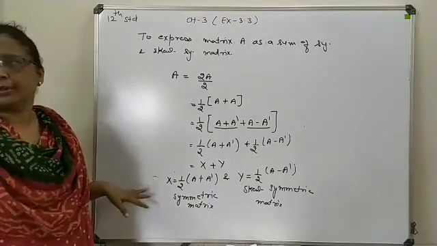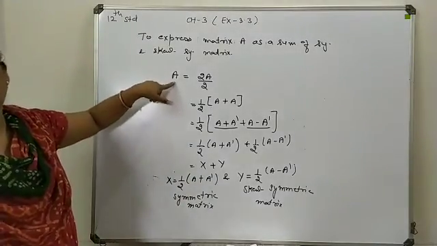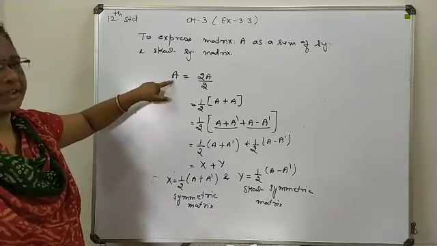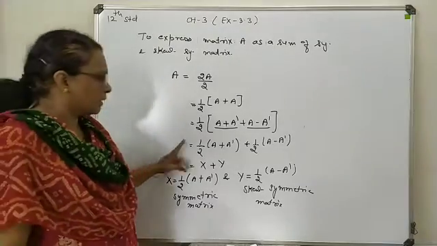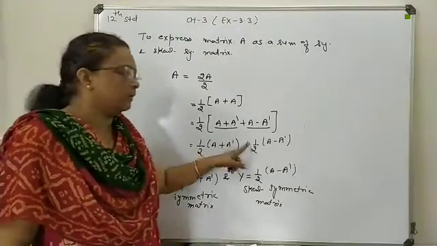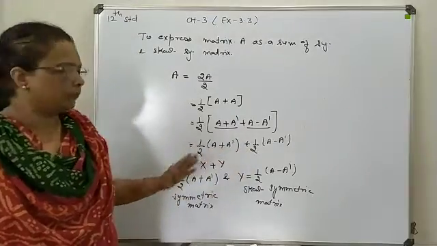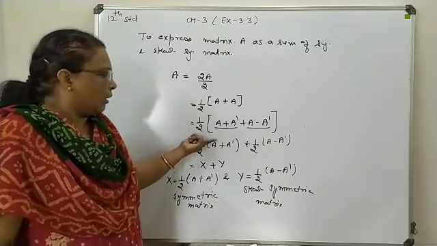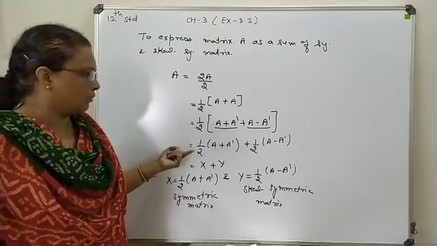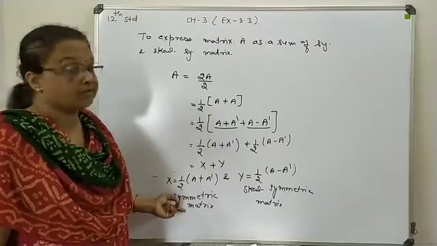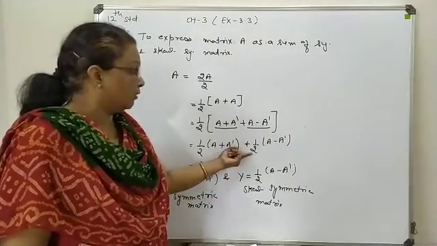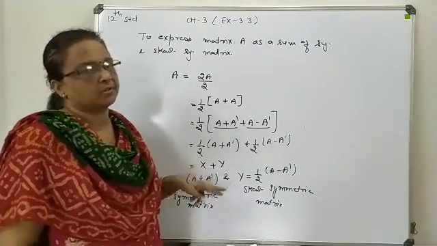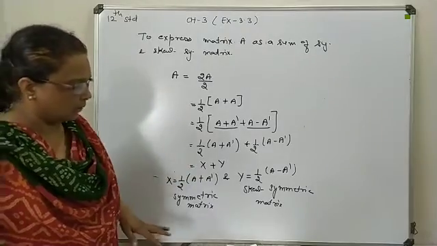So in your question, A of order 2 by 2 or 3 by 2 may be given, and it may be asked to convert the given matrix as a sum of a symmetric and skew symmetric matrix. So you can directly evaluate these two terms: X as 1 by 2 into A plus A dash to make it symmetric, and Y as 1 upon 2 into A minus A dash. This way you can express it as a sum.